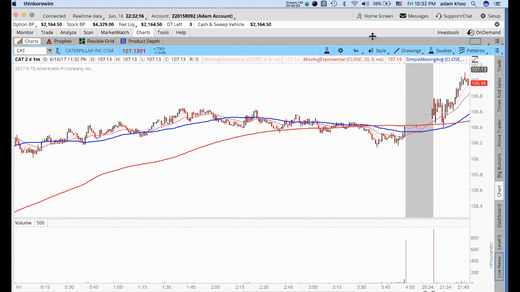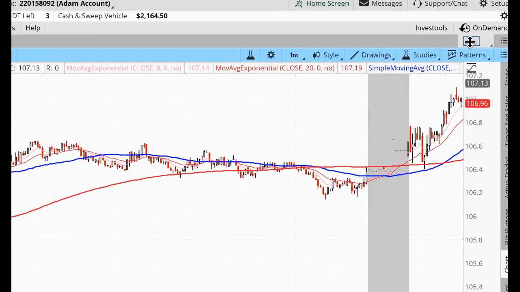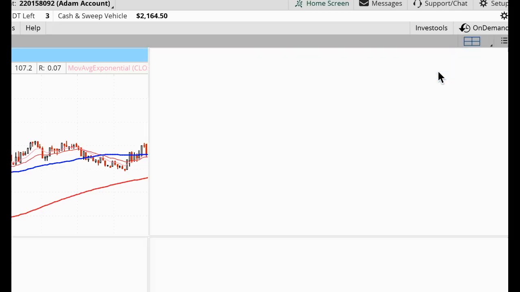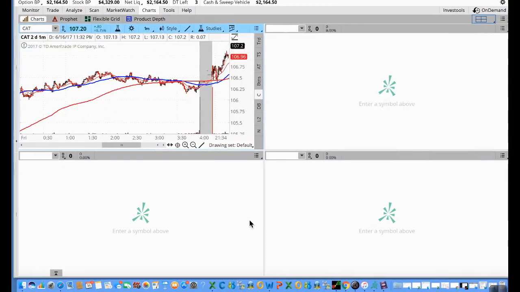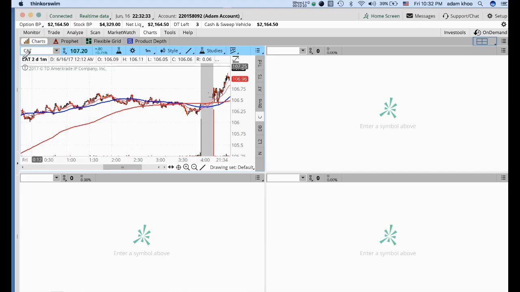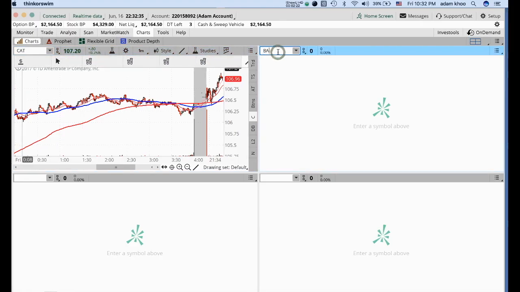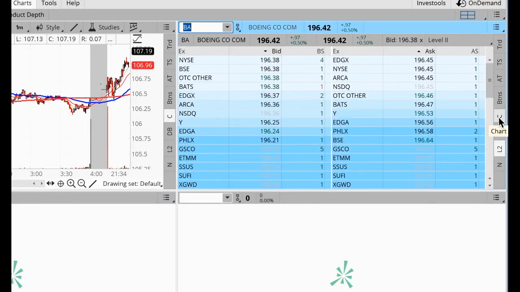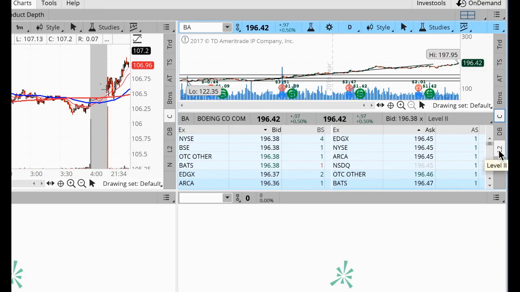Now, the other thing you can do is go to this icon and click on 4 or 2 or whatever you want. For example, if I click on 4, straight away I get 4 charts. I can look at Caterpillar over here, Boeing over here, and again you have to choose C for charts and uncheck this.